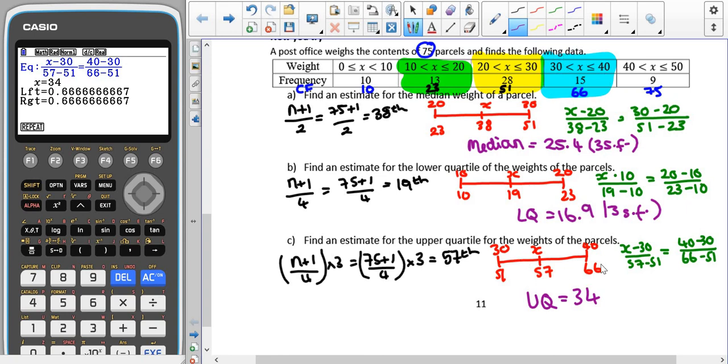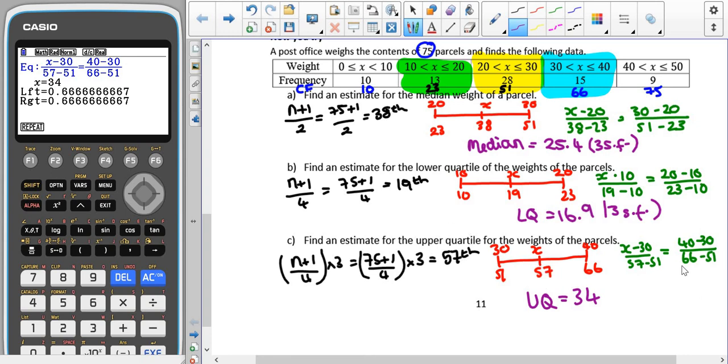So again, I've drawn a number line. I start the interval at 30, the interval ends at 40, and somewhere in there is my upper quartile. The interval before that ends at 51, this interval ends at 66, and we're looking for the 57th piece of data for our upper quartile.